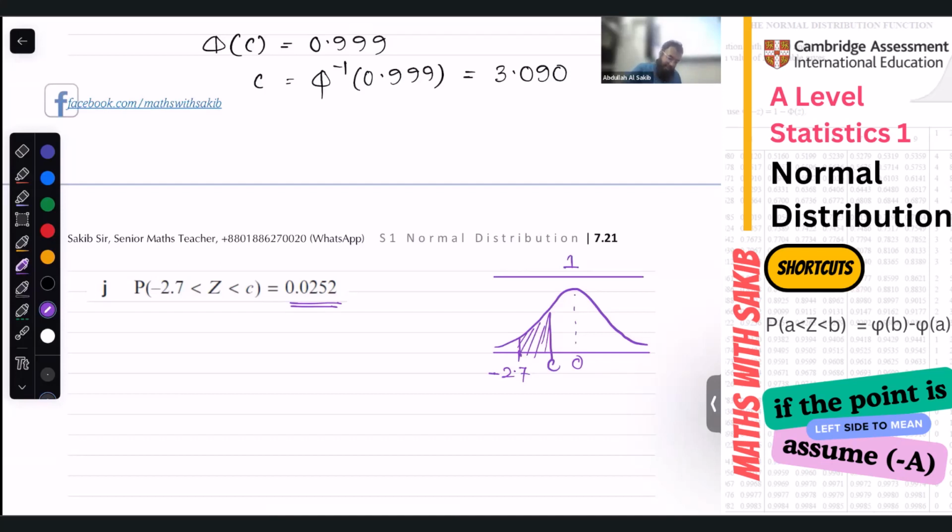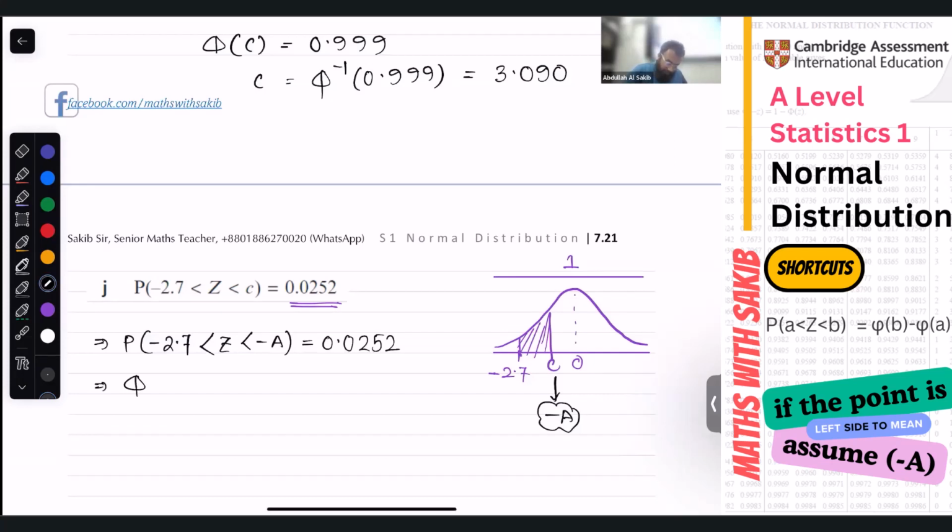So I will consider this as minus A. So I can write probability of minus 2.7 less than Z less than minus A, and that's equal to 0.0252. So we can use the shortcut, that is phi of minus A minus phi of minus 2.7, that is 0.0252.